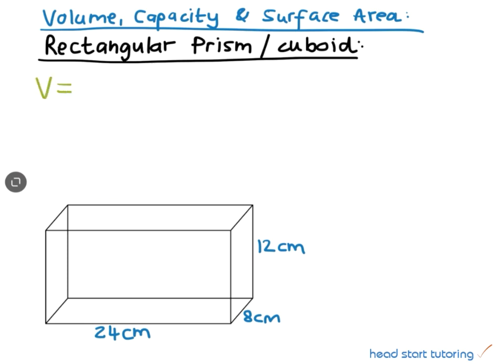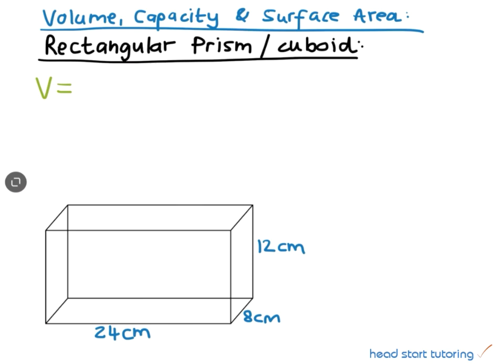Let's now have a look at another rectangular prism and try and find the volume, capacity and surface area of this prism that has a length of 24 centimeters, a height of 12 centimeters, and a depth of 8 centimeters.